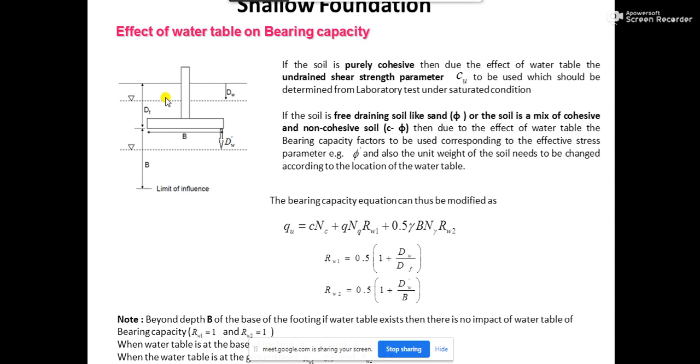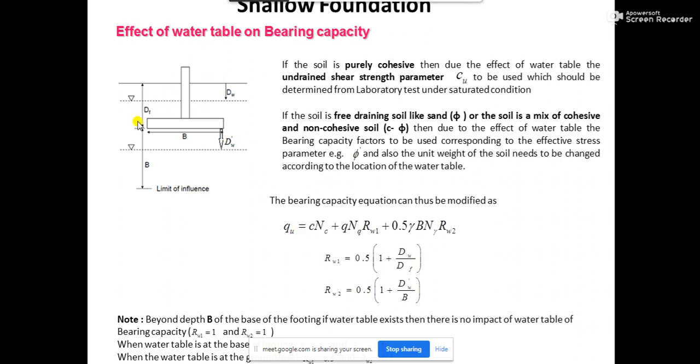Okay, now let's say the water table further increases and reaches the ground level. When it reaches the ground level, what will be the value of your dW? Your value of dW will in that case become equal to 0. So 0.5 plus 0.5 multiplied by 0 by dF, that means it will be equal to 0.5, and that is what actually will happen.